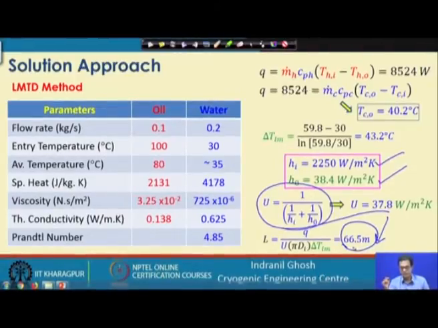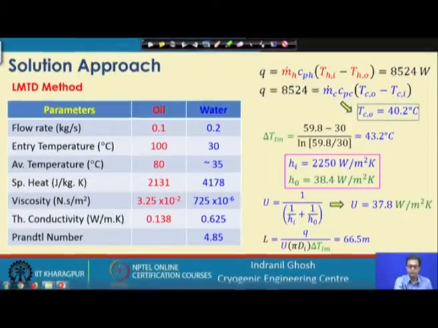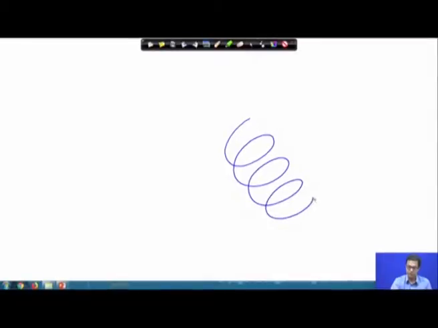meter. It appears to be pretty long, and obviously you can understand that it cannot be a simple straight tube. Obviously, we have to make a helix like this, or we have to make a coil like this through the tube.